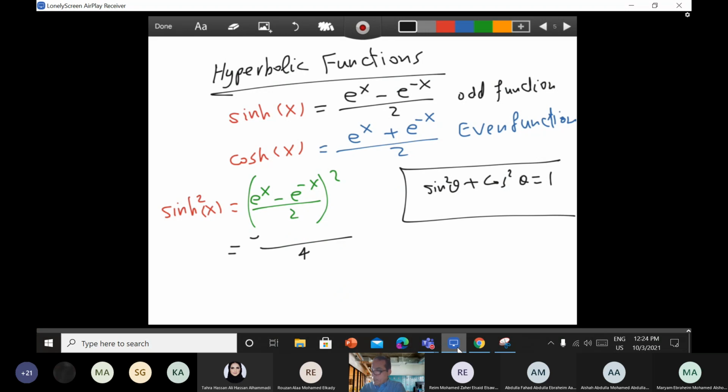E to the x square minus 2, the first times the second, plus the second square. This is how to square a complete square. I just remind you, x plus y square is equal to x square plus 2xy plus y square.